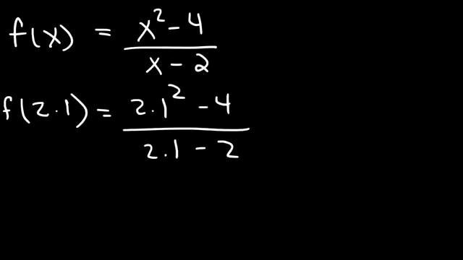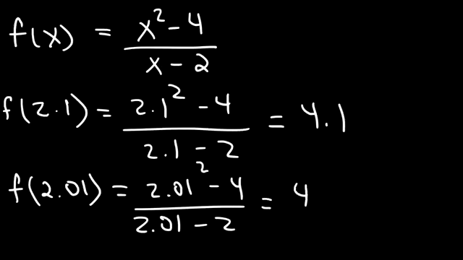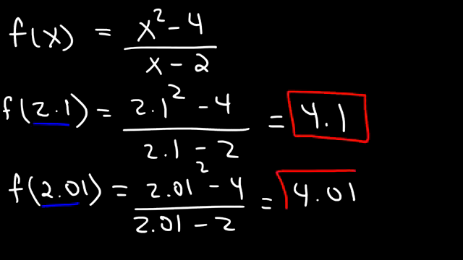If we plug in 2.1 into the function, you should get 4.1. Now what if we plug in a number that's even closer to 2? Let's say 2.01. Well, if we do that, this will give us 4.01. So notice that as x gets closer and closer to 2, the value of the function gets closer and closer to 4.